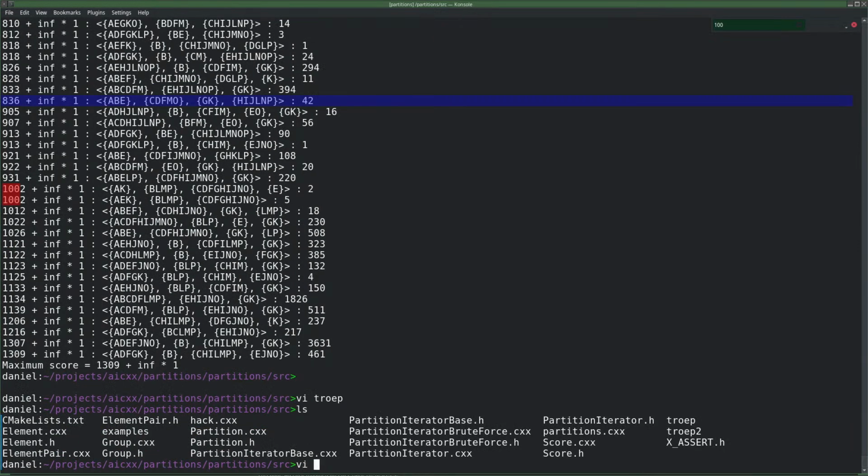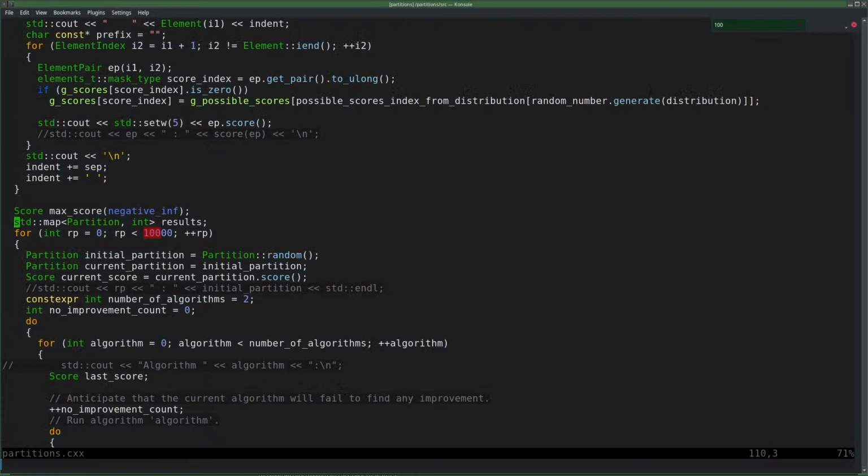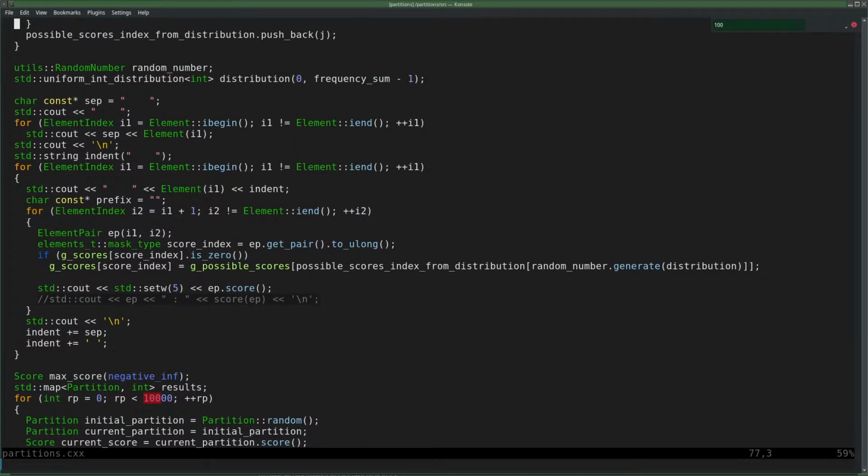So we start with printing this table, which happens here, I think.